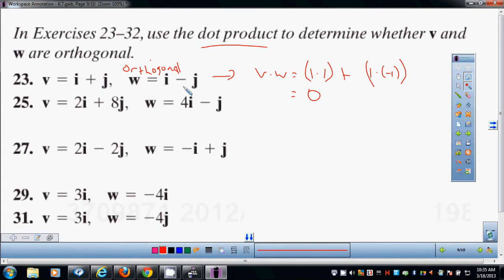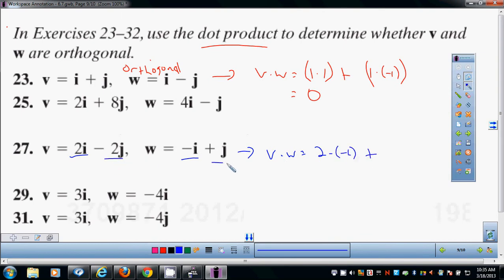Somebody pick out another one for us to work. 27. Okay, 27. V dot W. So first thing you take are your A values. 2 times negative 1 plus your B values. 2 times positive 1. And what's that sum going to be? 0.